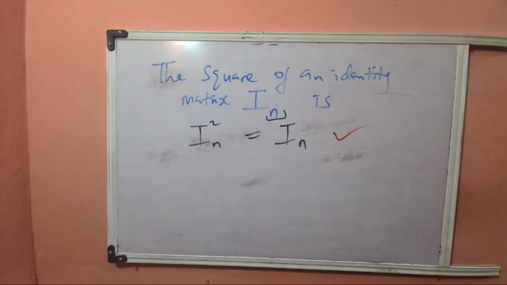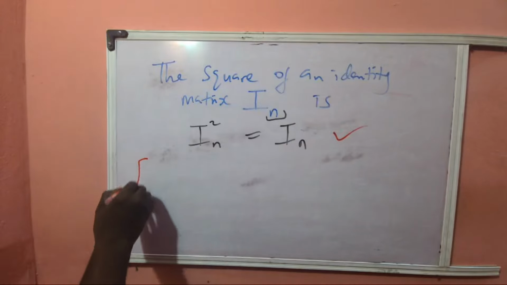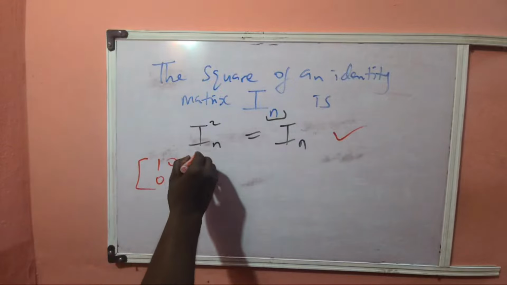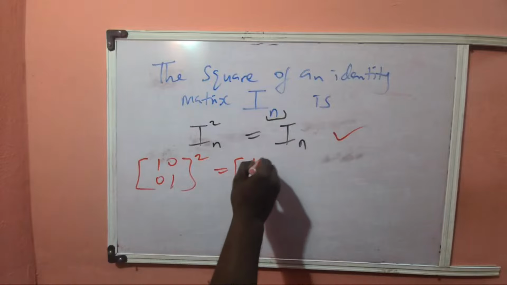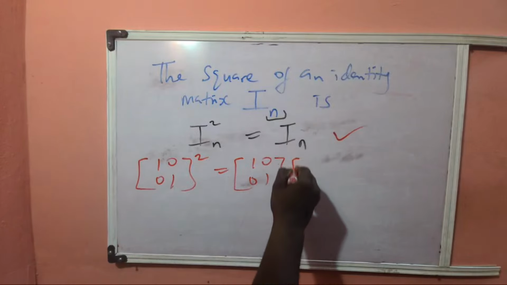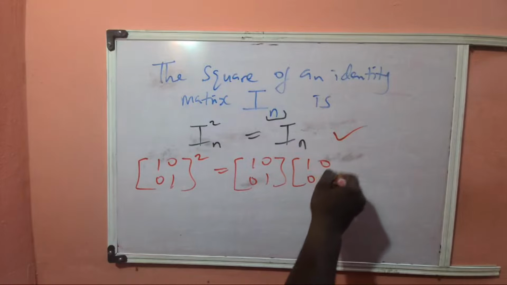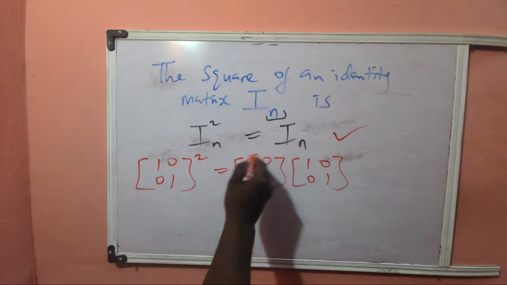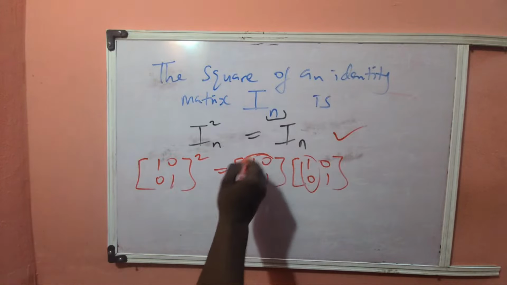If you have an identity matrix of order 2, obviously you have something like this. When you are doing the square of this, you are going to do this times this. I'm sure we all know that. If you're deciding to multiply these two matrices together, this would be row 1 times column 1, I'm sure you remember the whole thing.